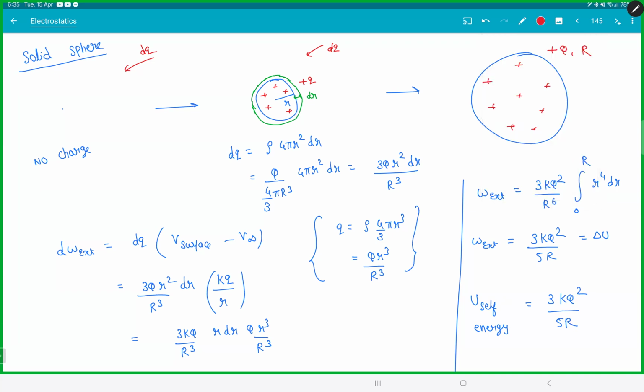Definitely mug up the results. So for a hollow shell, it is kq square by 2r. For the solid, this thing is 3kq square by 5r. Clear, everyone?